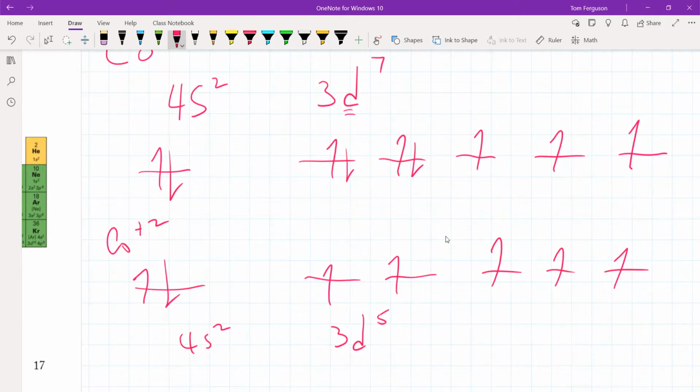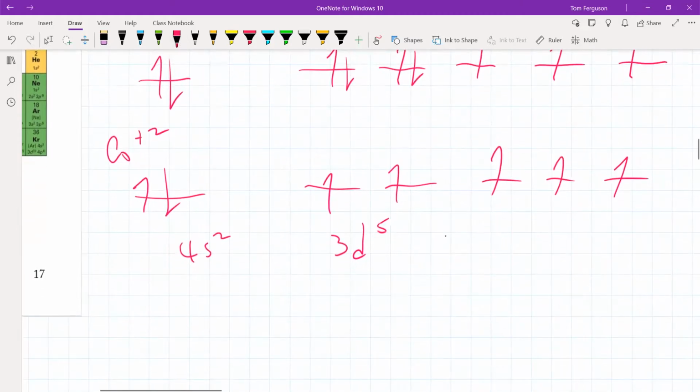Good. Okay. Now there's another way we could do this. Remember I mentioned before that the higher the shell number, the further they are away from the nucleus. So these two electrons would also be candidates.